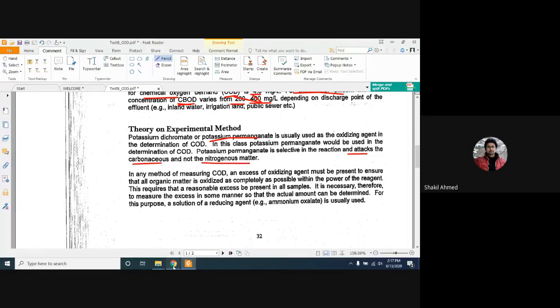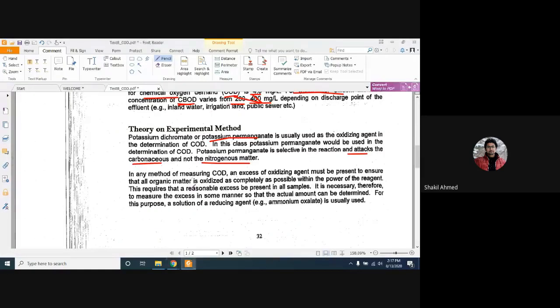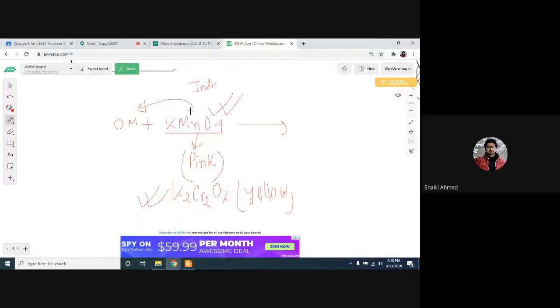So this way we will be calculating the chemical oxygen demand, but without nitrogenous matter. We are using a strong oxidizing agent, so it will oxidize almost all organic matter. Therefore, it will be COD, chemical oxygen demand. We are using a chemical.